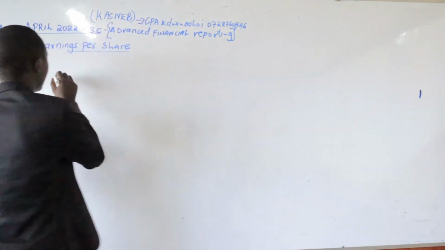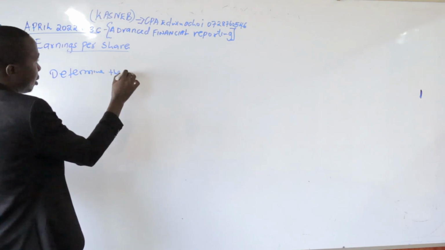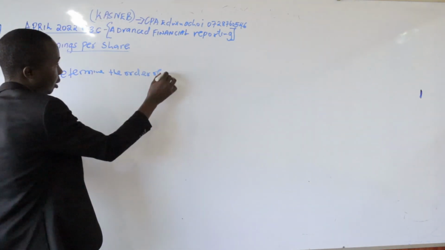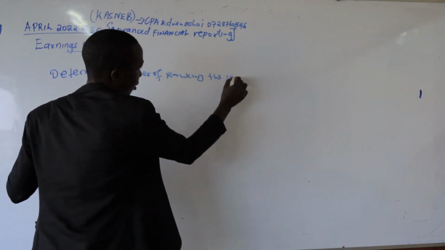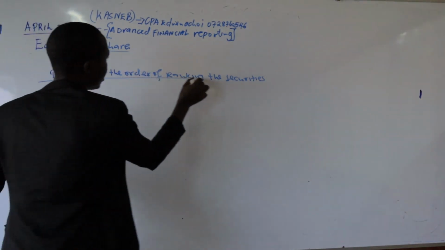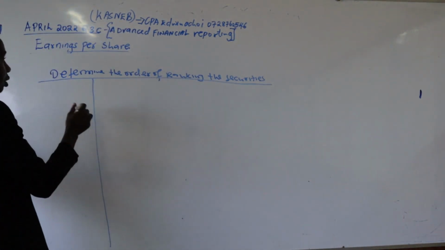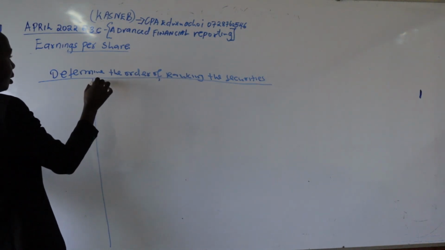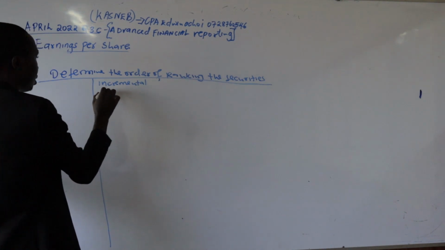So in step 2, we determine the order of ranking the securities. The first column is the potential securities, then there will be the earnings, the incremental earnings.